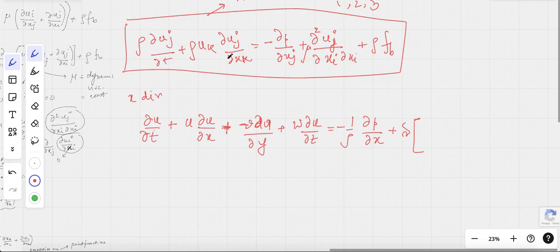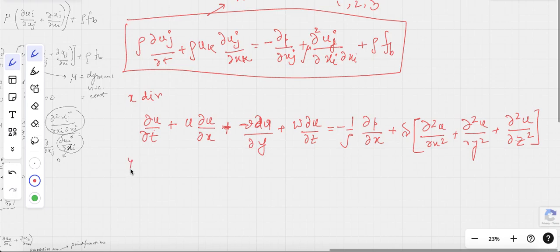See this k term will repeat 1 2 3. Again this i term will repeat 1 2 3. This will be d square u by dx square plus d square u by dy square plus d square u by dz square.